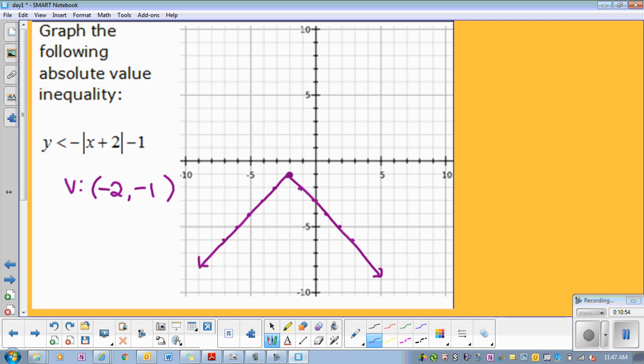All right, so I drew my absolute value inequality like this, and then I go back and I look. Oh my goodness! It should be a dotted line. Man! I know this happens to you too. If you do this, don't freak out, just go back and erase right in between.